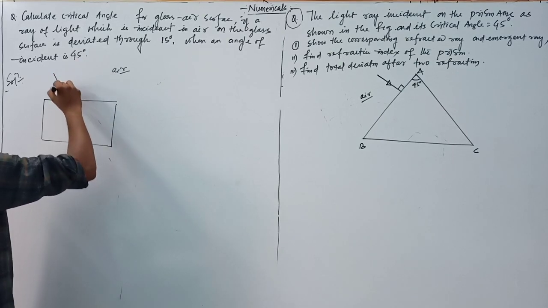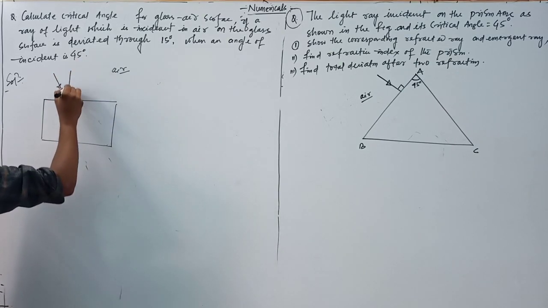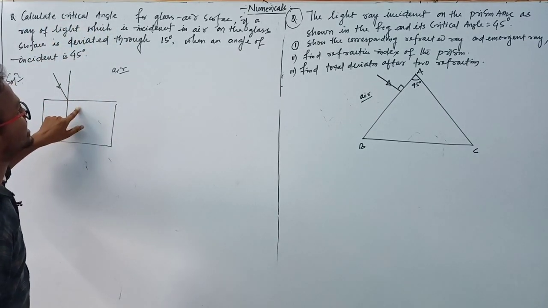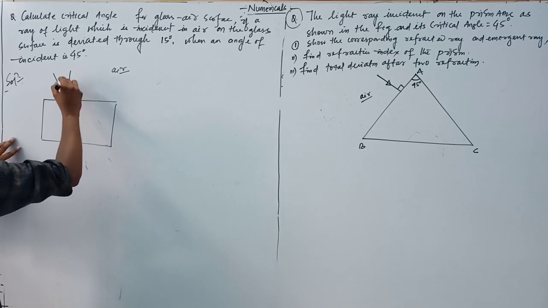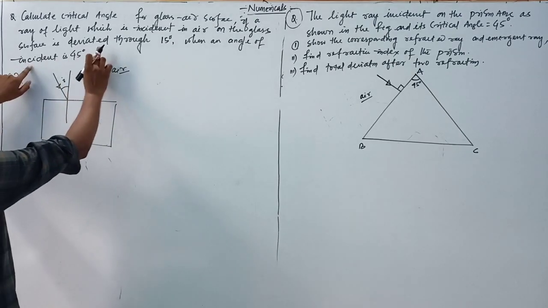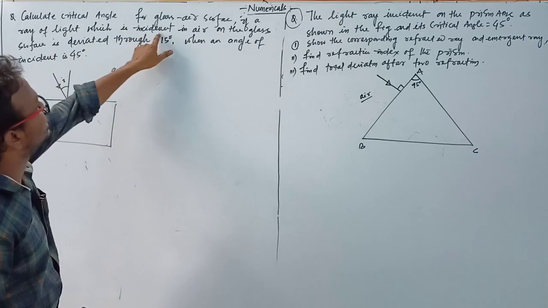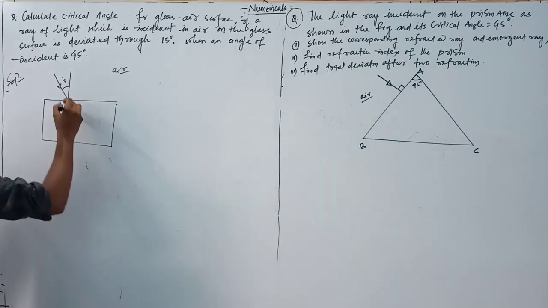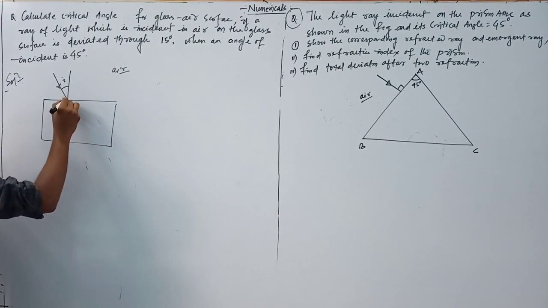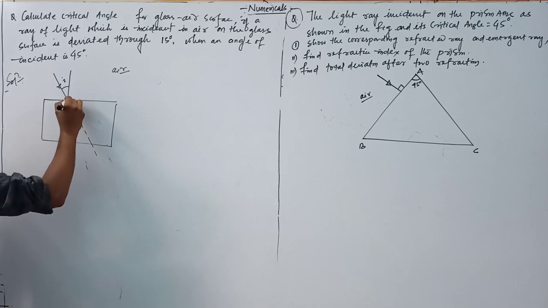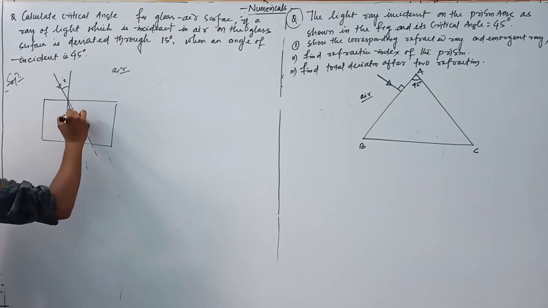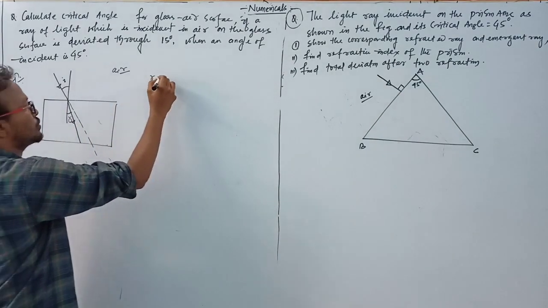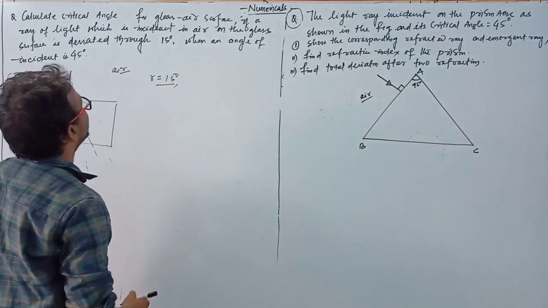There is a ray incident on the surface of the glass medium, traveling in air, and its angle of incidence is I. It is deviated through 15 degrees. This is the line of action, and this is the actual ray traveling in this direction. When it travels from rarer to denser, it bends towards the normal, so this angle is R, known as the angle of refraction.